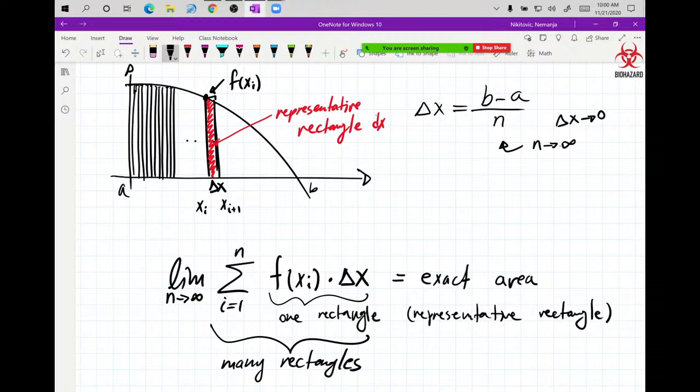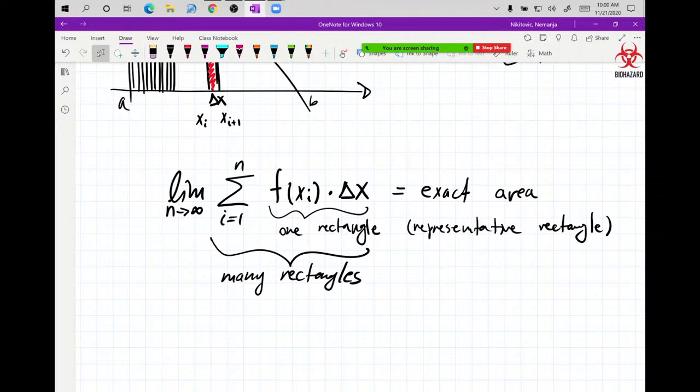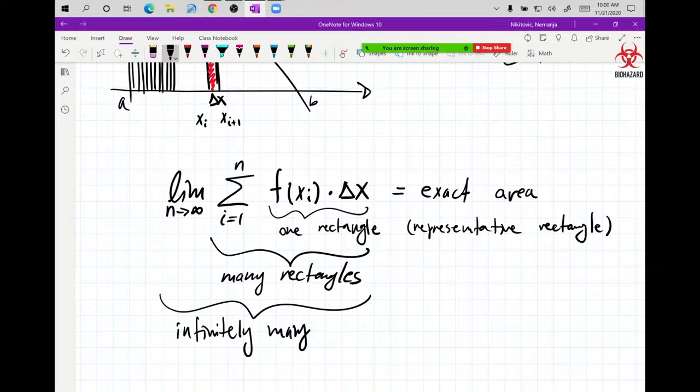So, with the limit, infinitely many rectangles. Whoa! What?